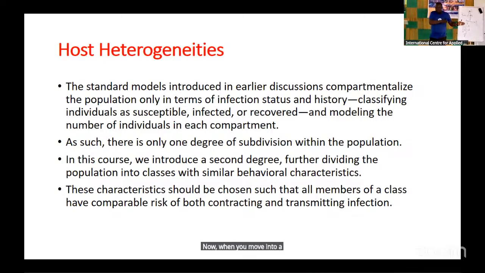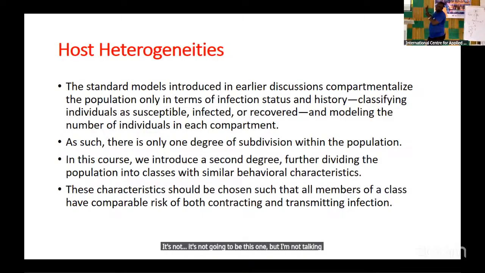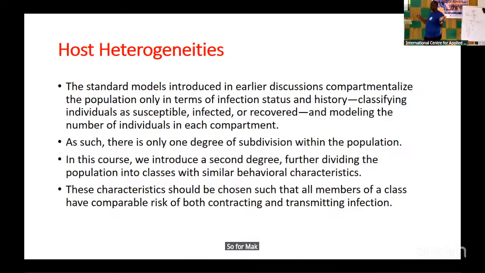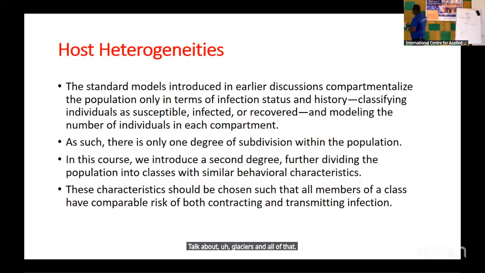When you move into macroparasites, it's not going to be this form. For macroparasites we are modeling the worm burden, when we talk about helminths and schistosomes.